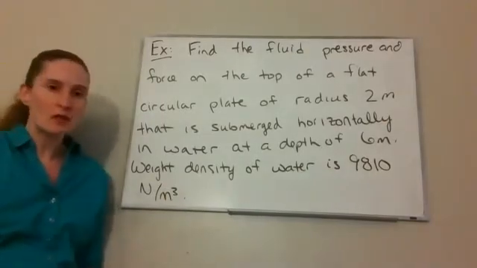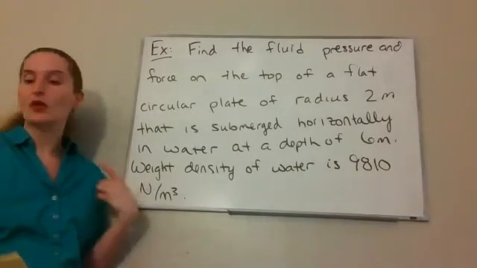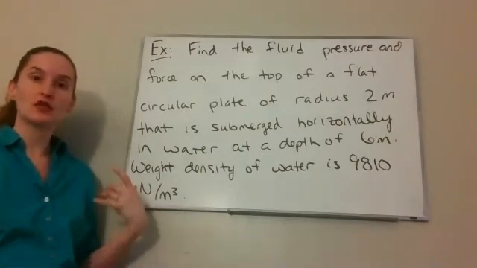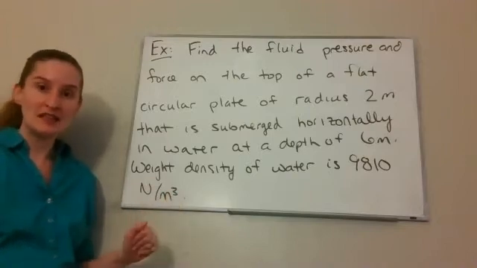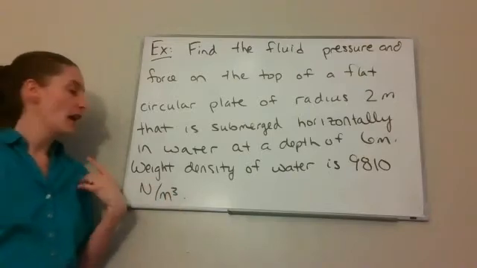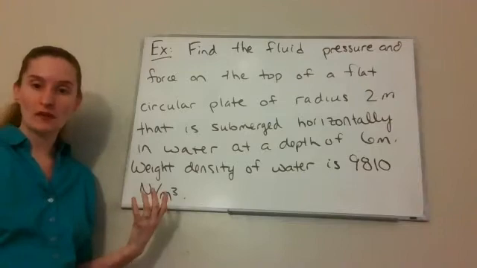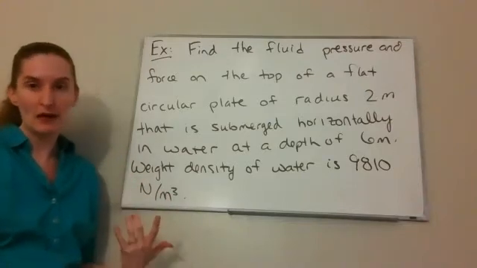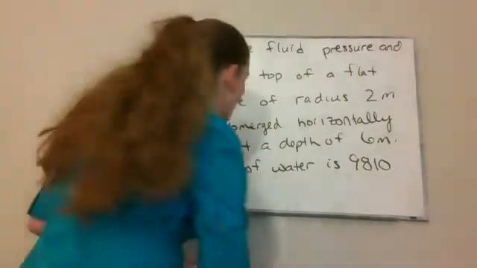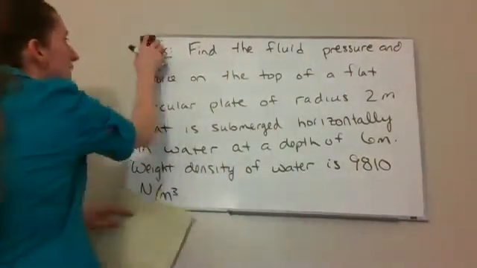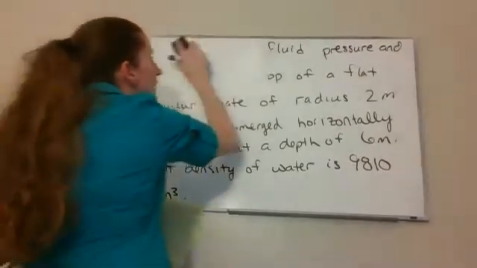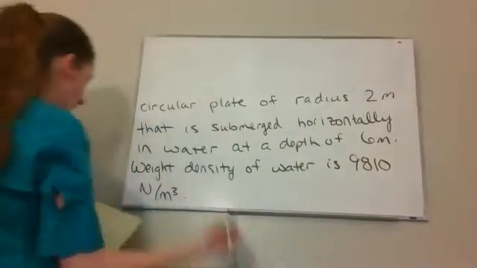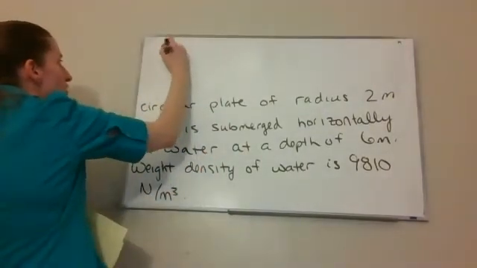So we're just going to use those two formulas that we just had. We'll calculate the fluid pressure first. Your fluid pressure is going to be equal to the weight density times the depth where this is submerged. Then we're going to calculate the fluid force, which would be the weight density times the depth times the area of the surface. Let's start with the pressure.